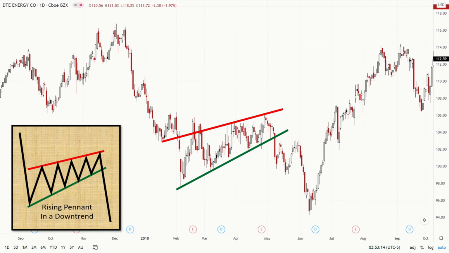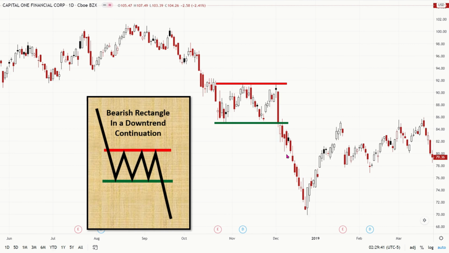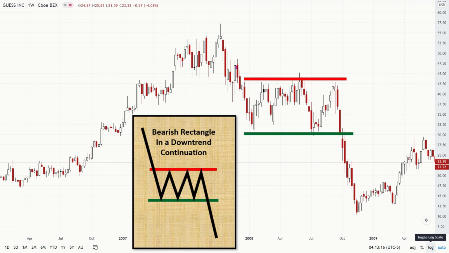Pretty short-lived. When was this? 2019. Okay, not exactly a bearish period. Okay, bearish rectangle, the short one, right? But nevertheless, bearish. Bearish rectangle in downtrend.